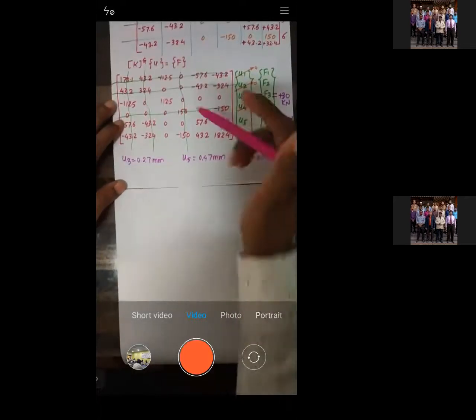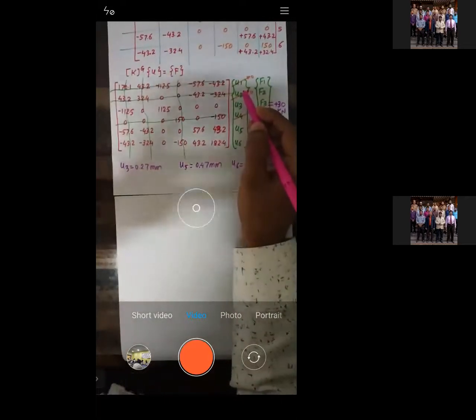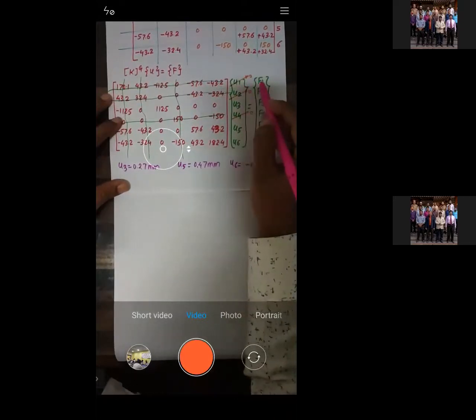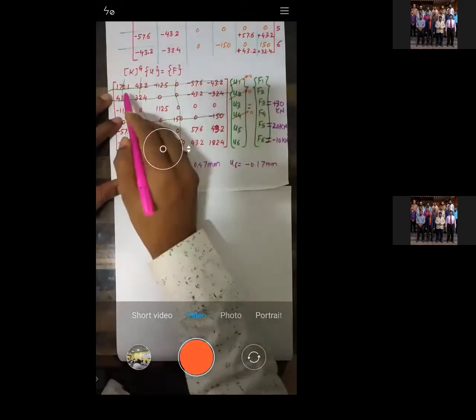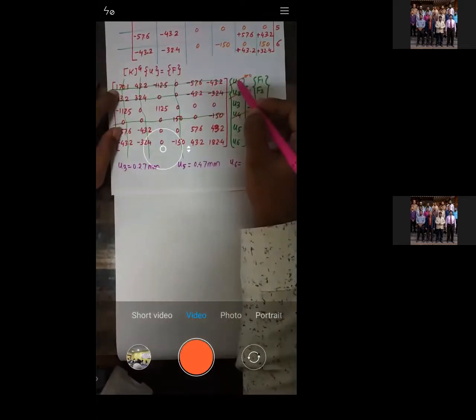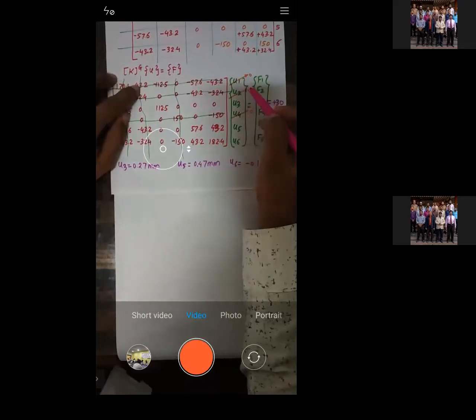Now see, the point where displacement is 0, at that point we will get the reactions, right? So U1 is 0, we will get F1. How to calculate F1? First row multiplied by this column, right? So 170.1 into U1, U1 is 0, so this is 0. Then 43.2 into U2, U2 is 0, that's why this term is 0.